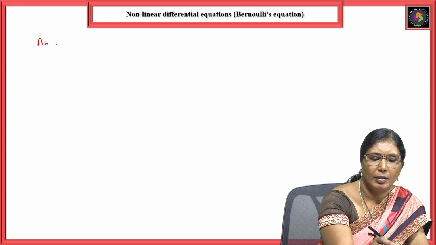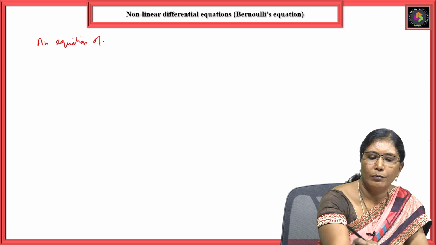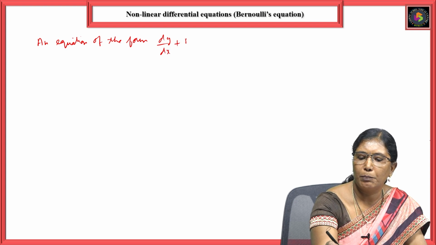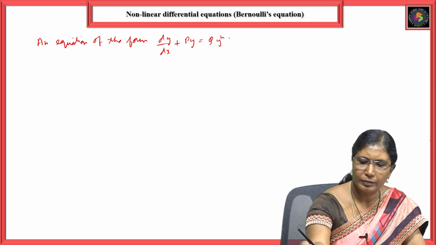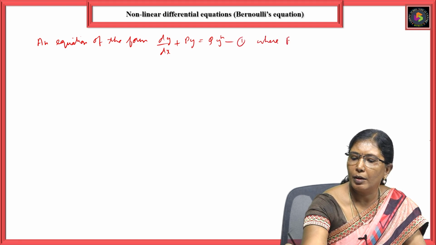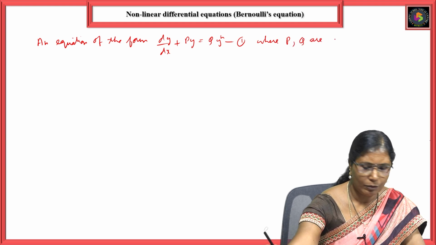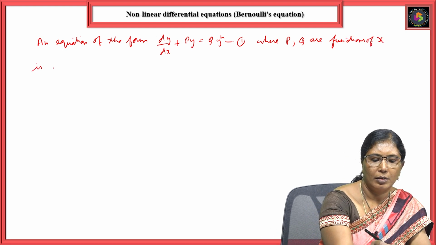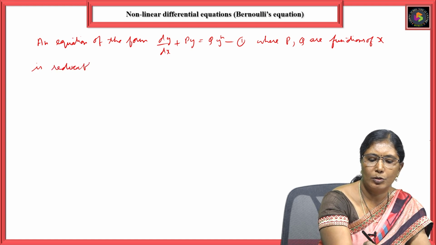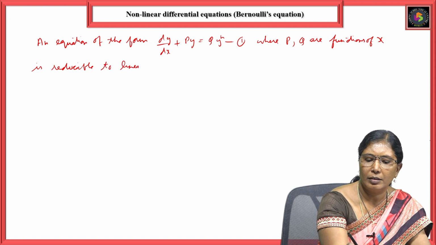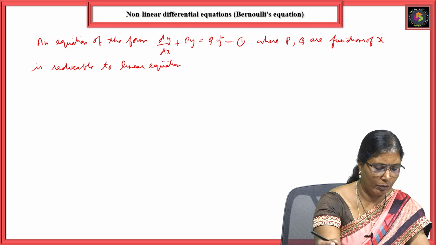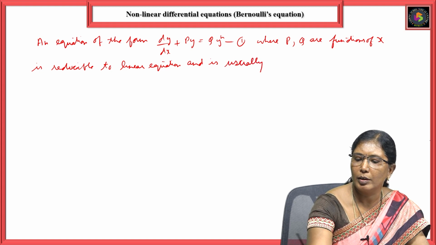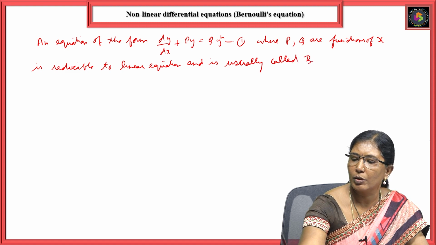An equation of the form dy by dx plus py is equal to qy to the power of n, where p, q are functions of x, is reducible to a linear equation and is usually called Bernoulli's equation.